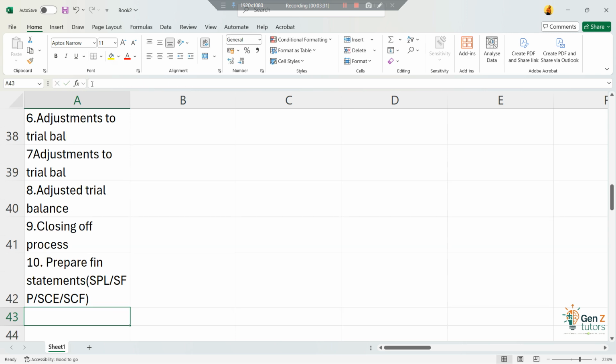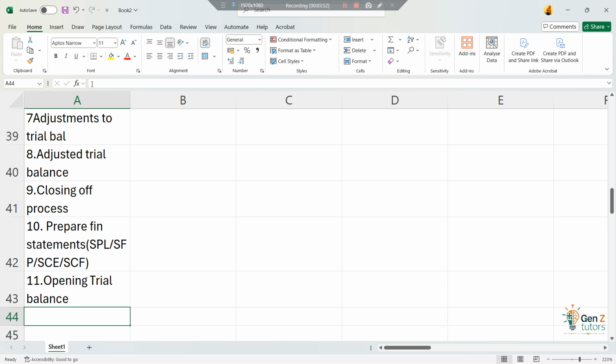financial statements. Prepare your financial statements, which will be your SPL, statement of profit and loss, or statement of financial performance. And then you have your statement of financial position. Then you'll have your statement of changes in equity, and then you'll have your statement of cash flows, right?